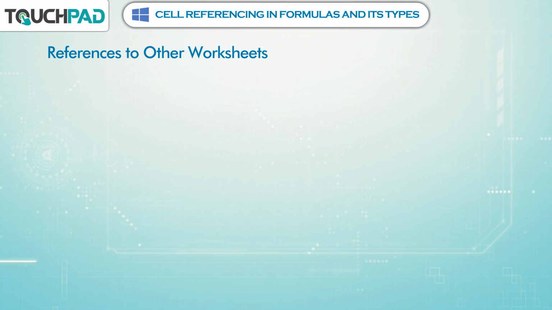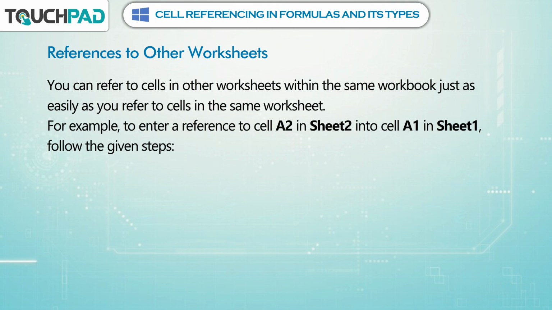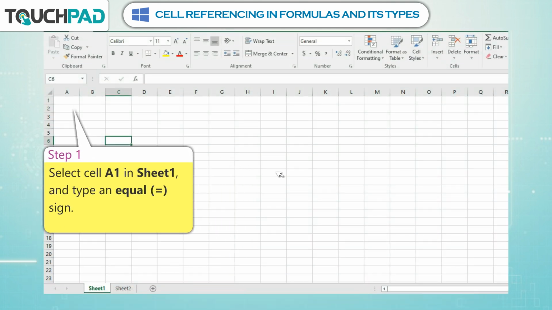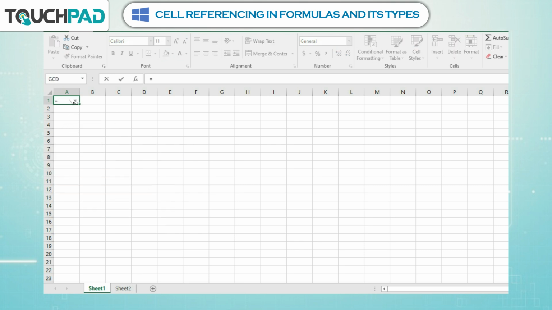References to other worksheets. You can refer to cells in other worksheets within the same workbook just as easily as you refer to cells in the same worksheet. For example, to enter a reference to cell A2 in Sheet2 into cell A1 in Sheet1, follow the given steps. Step 1. Select cell A1 in Sheet1 and type an equal sign.